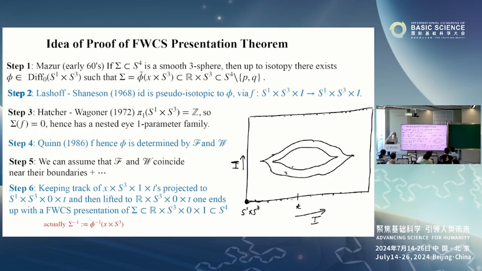Pi 1 of S1 cross S3 is Z, so the first Hatcher-Wagoner invariant is equal to 0. That fact, plus the Hatcher-Wagoner theory, says that the pseudo-isotopy has a nested eye. Quinn tells us that the diffeomorphism is determined by these Finger-Whitney data.